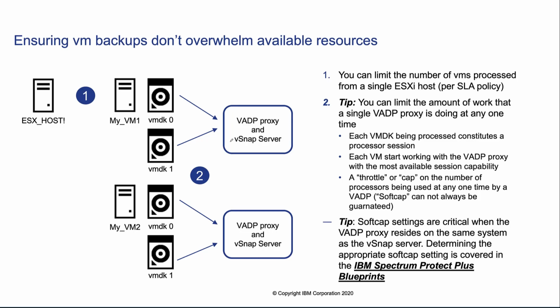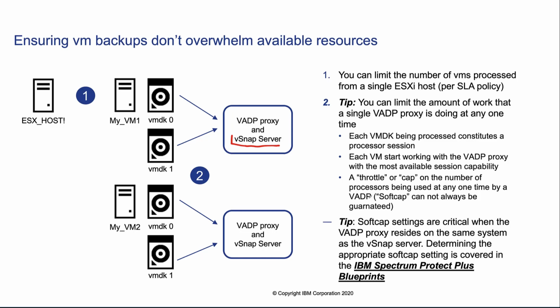The reason this is important is that if you're co-locating on a vSnap server, you always want to guarantee that the vSnap server has enough resources, especially CPU in this case, to do its job. So you don't want the VADP proxy to overwhelm all the CPU resources.